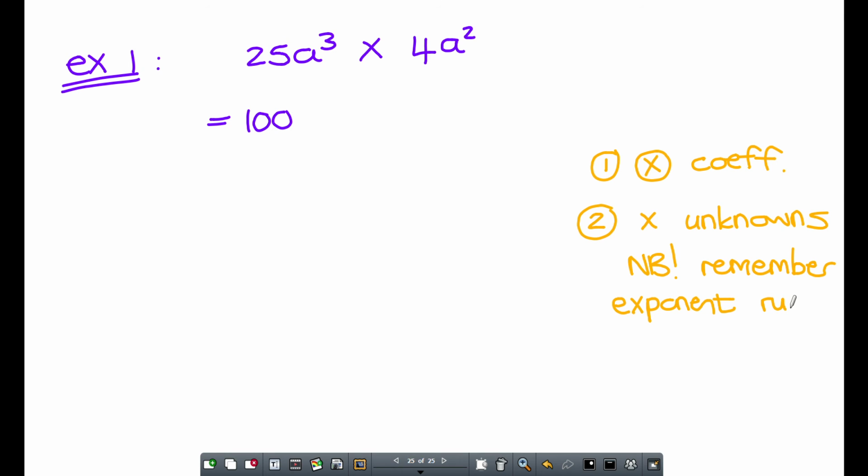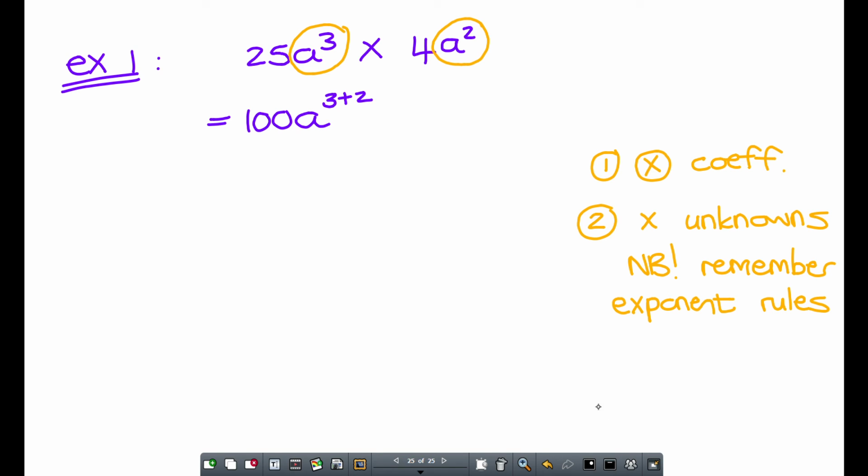So basically a to the power of 3 times a to the power of 2. Now, can you see the base is a for both of those? And when the base is the same and we're multiplying, what are we doing with exponents? We're going to add. So you're actually going to say a to the power of 3 plus that 2, right?